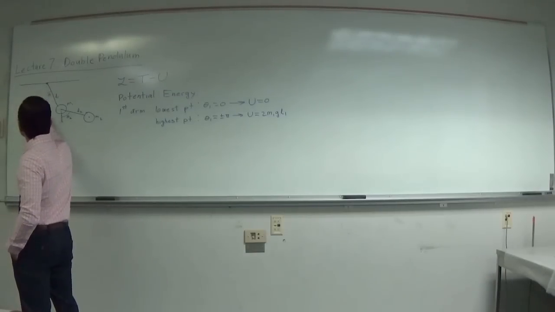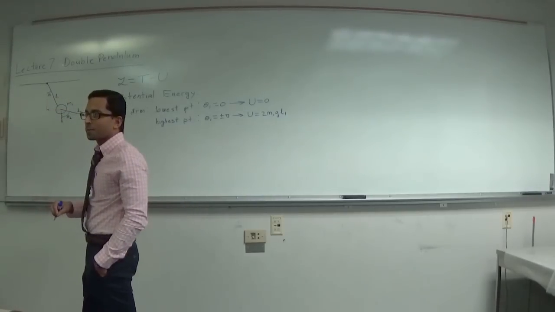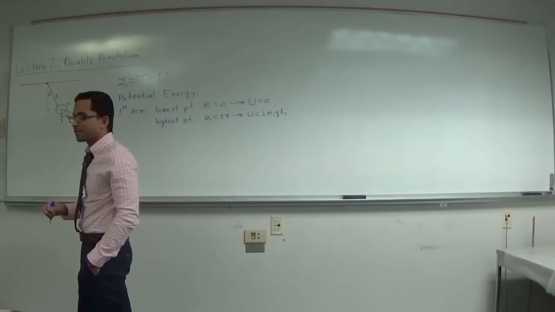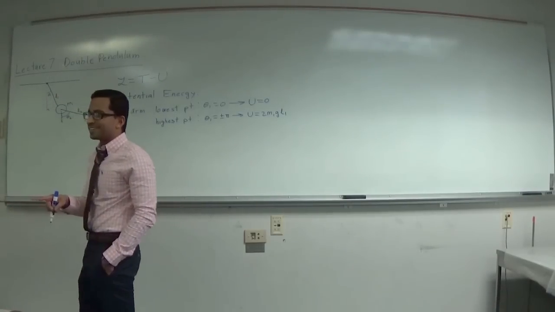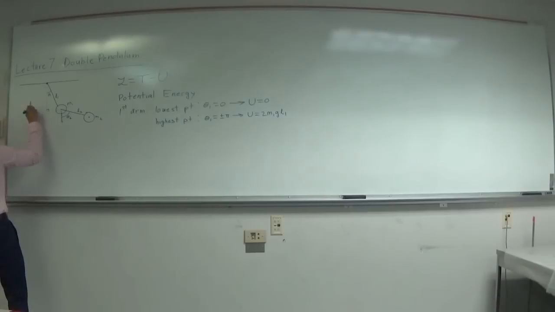So what is this height going to be? Maybe sine theta, or L1 cosine theta. Cosine, right? So this height is going to be L1 cosine theta 1. But notice that at the lowest point, it's at 0.